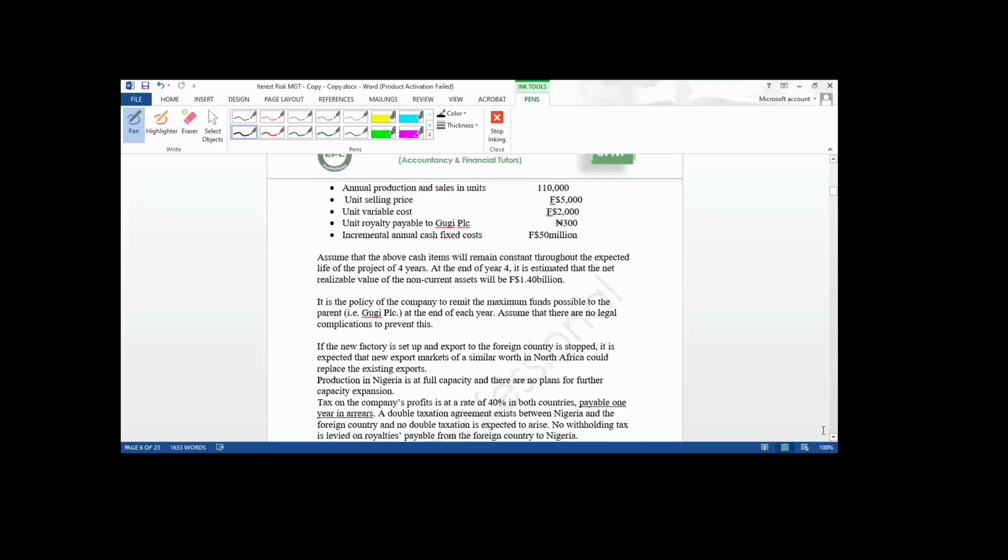At the end of year 4, it is estimated that the net realizable value of the non-current assets will be 1.4 billion. The project can be sold for 1.4 billion.